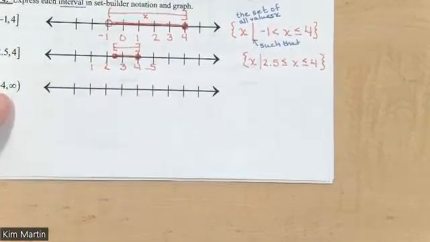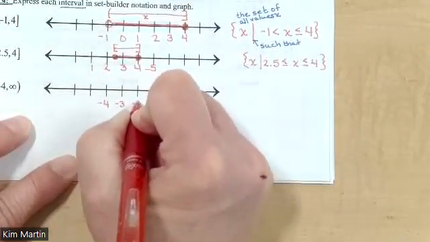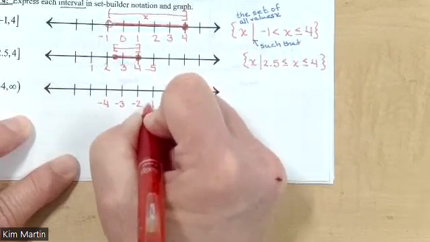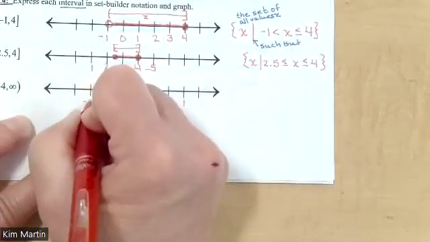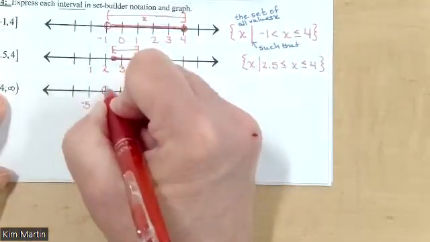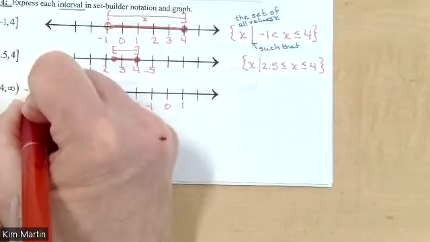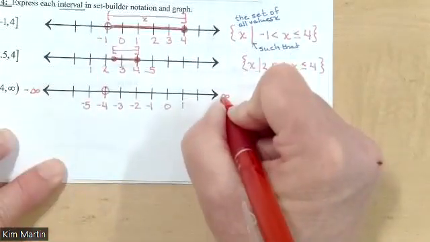Now, with infinity, let's just put -4 here, -3, -2, -1, 0, and 1. It's an open circle at -4, and it goes to positive infinity. Here is negative infinity, here is positive infinity.